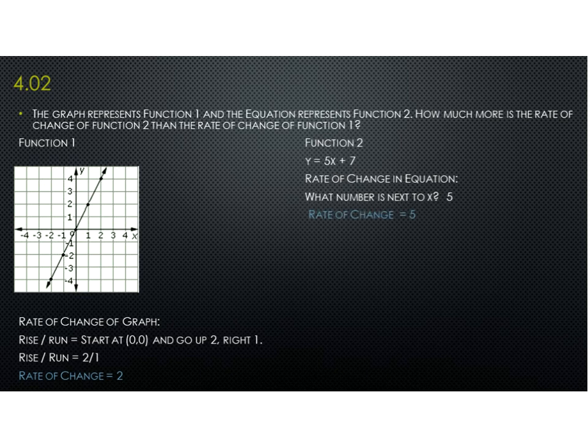You just have to check what number is the coefficient of x, and that is your rate of change every time. It could be a fraction, it could be a negative number, it could be a negative fraction, it could be a decimal. Anything paired with the variable x in your equation is your rate of change. Now, there's a few touches. It has to be in the y equals mx plus b format.